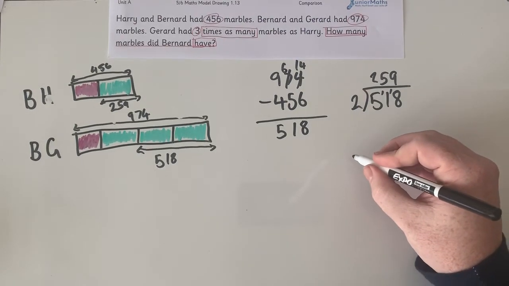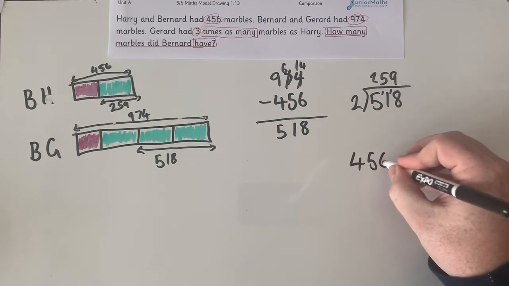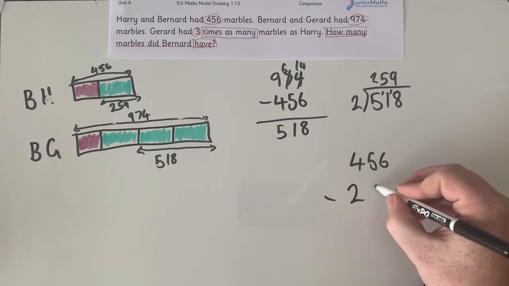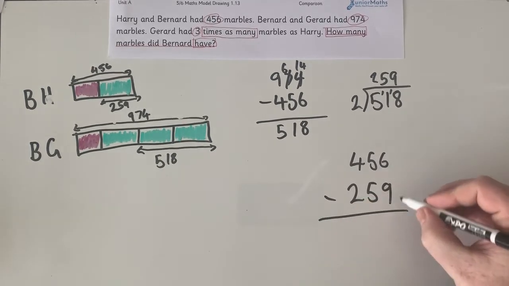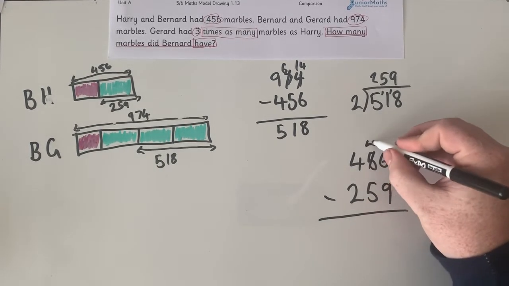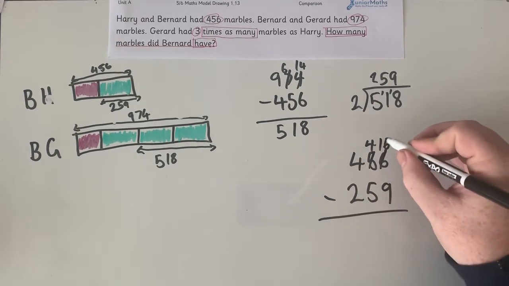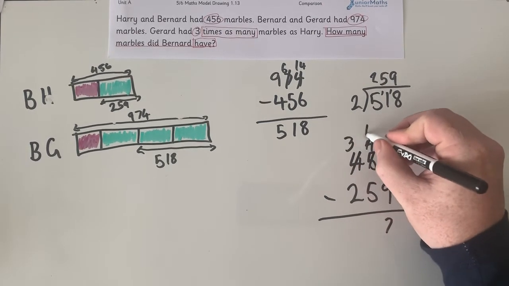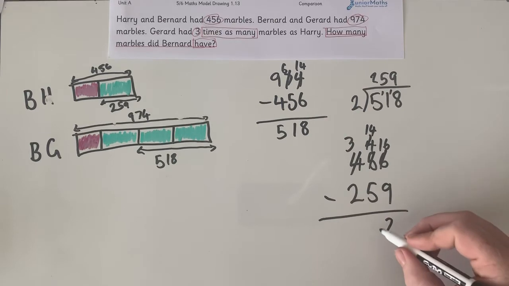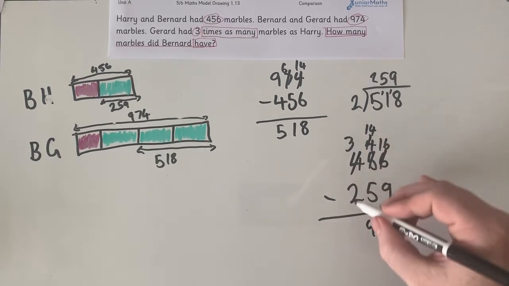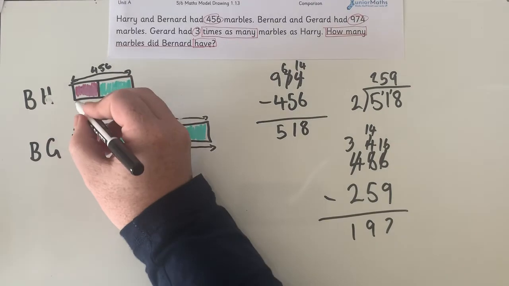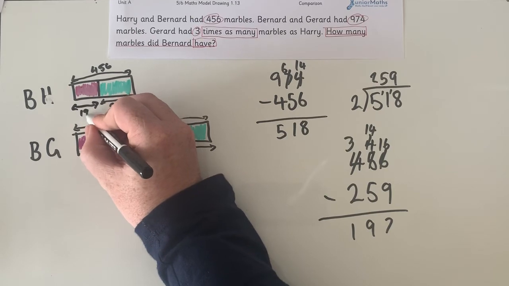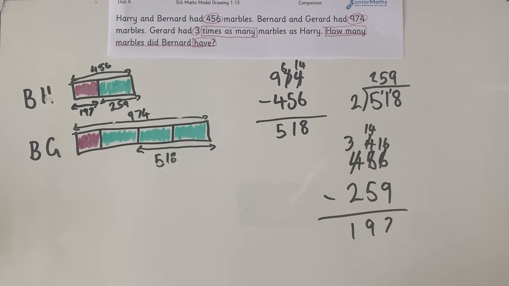So now if we do 456 take away the amount that Harry had, which was 259 marbles. 6 take away 9, more on the floor. 16 take away 9 is 7. 4 tens, more on the floor. 14 tens take away 5 tens is 9 tens. 300 take away 200 is 100. So in the end, Bernard had 197 marbles.